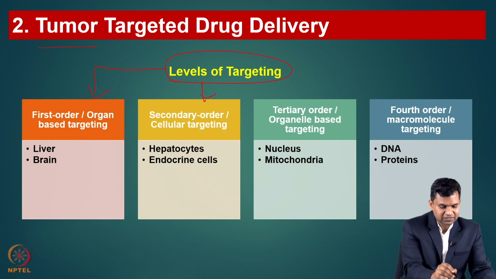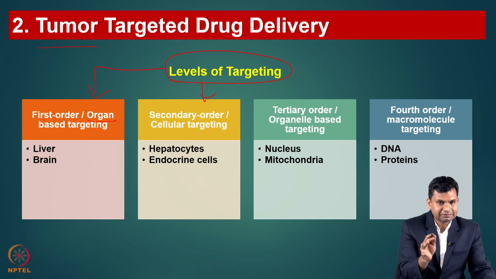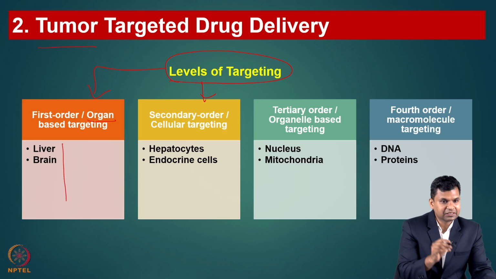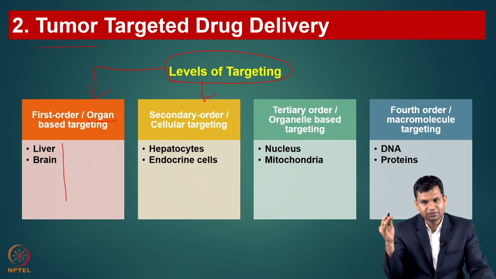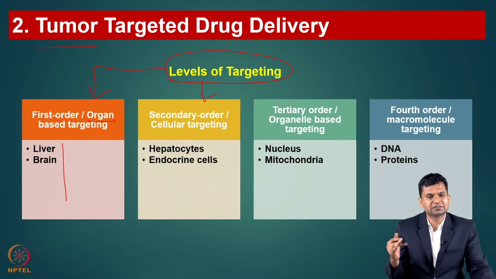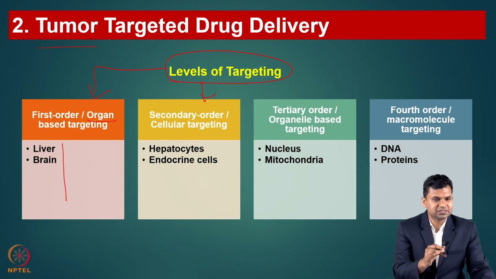One is first order or organ based targeting. By using this approach, you can target various cancers, either it may be liver cancer, brain cancer, pancreatic cancer, breast cancer. This type of approach is called organ based targeting.